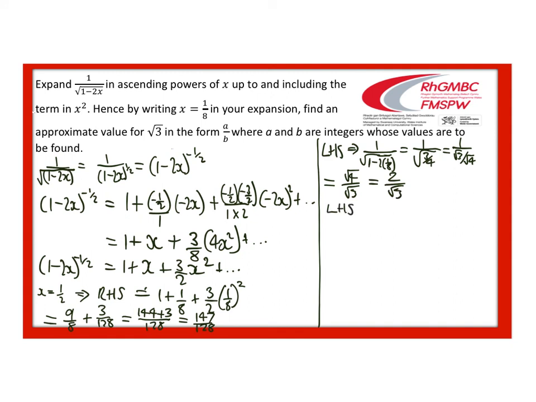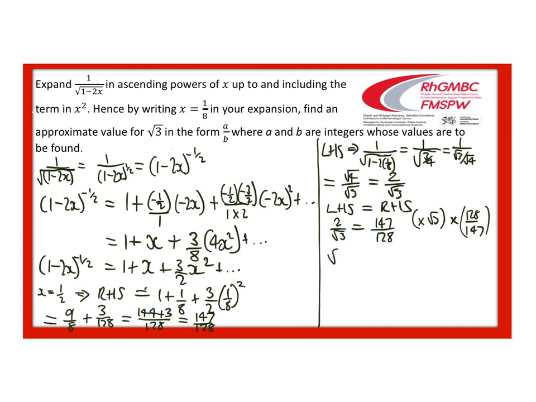Now, if I put the left-hand side equal to the right-hand side, what we get is 2 over root 3 is equal to 147 over 128. So I'm going to times by the root 3, and I'm also going to times by 128 over 147, that inverse fraction, so that I can make root 3 the subject.